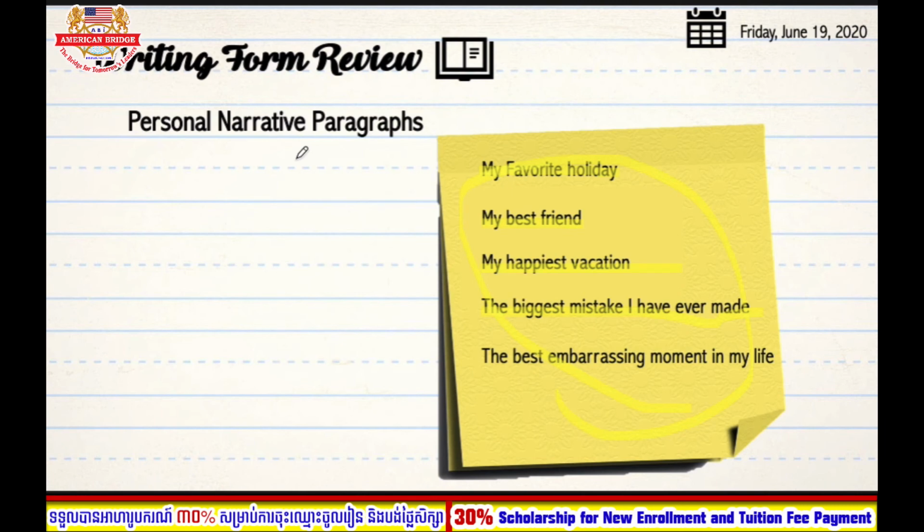And again, let me remind you that there are 3 steps in writing a paragraph. It doesn't matter whether it is a narrative paragraph, a descriptive paragraph, or a comparative paragraph. There are always 3 main steps for you to write. First, start with the outline, a simple outline. Second, you need to start your writing, which is called a draft.